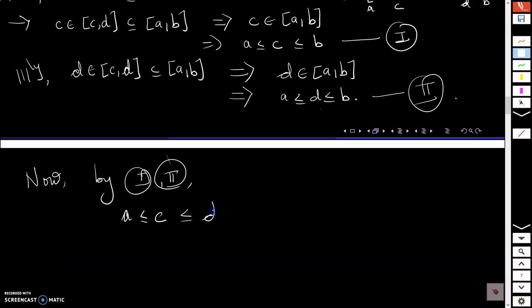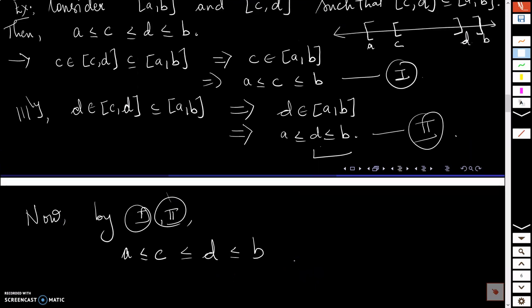But from 2 here, D is less than or equal to B, right? And that's what we wanted to prove. Let me go back. Yeah, A is less than or equal to C, C is less than or equal to D, and D is less than or equal to B. Okay.